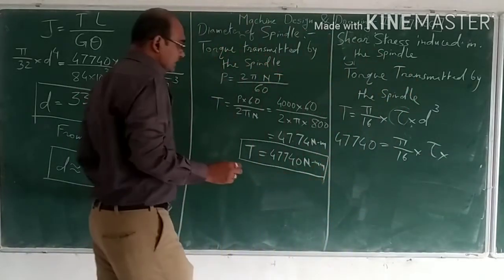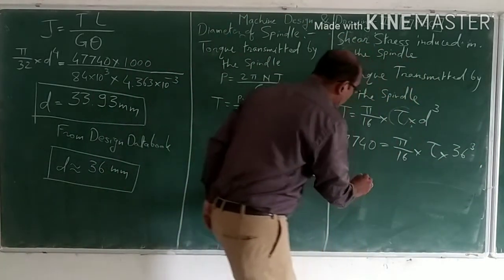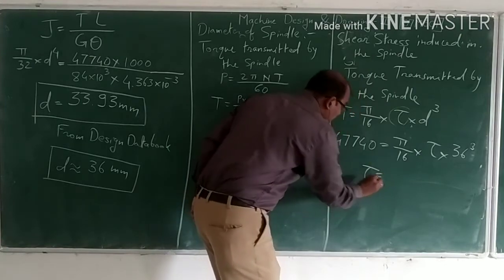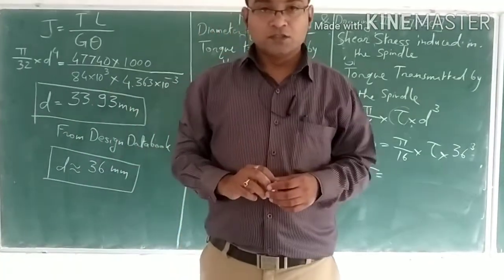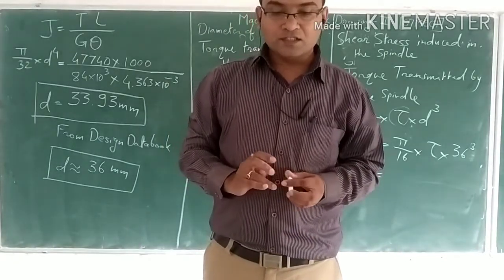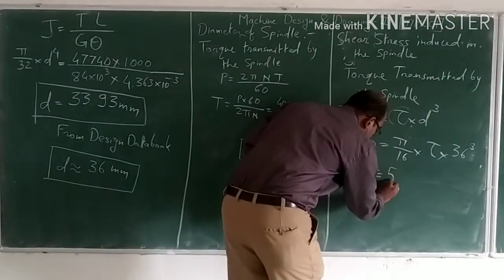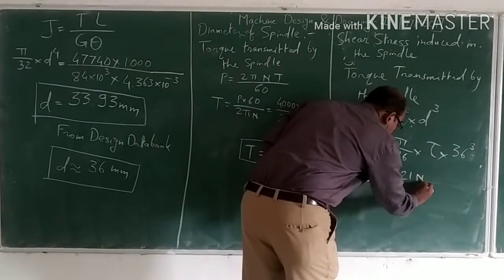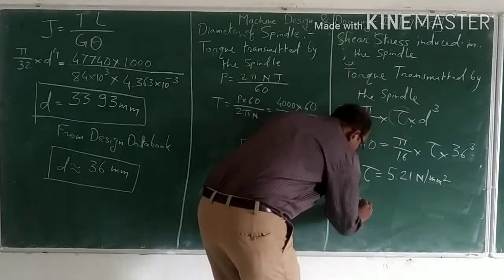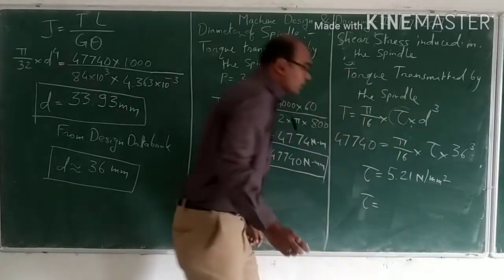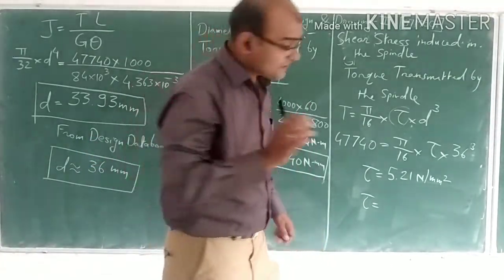D is 36. So as per the torque transmitted by the spindle, our shear stress tau is 5.21 Newton per mm square, or we say tau equal to 5.21 megapascal.